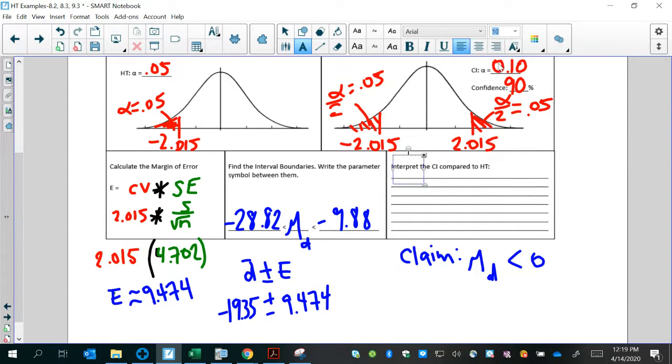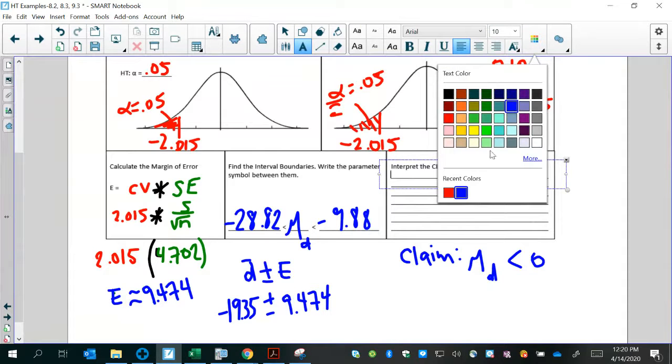The struggle with technology. Oh, I see what's going on. If I'm inside the box, I can't resize it. So I'm just going to try to set this up one more time, nice and pretty. Size 10, blue.